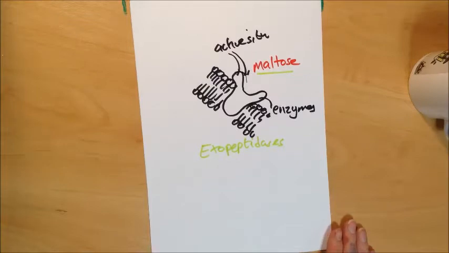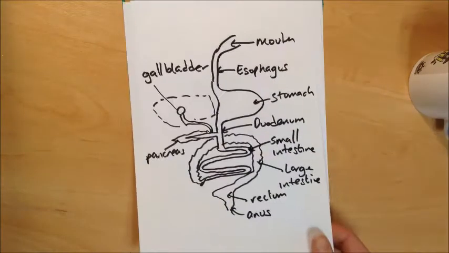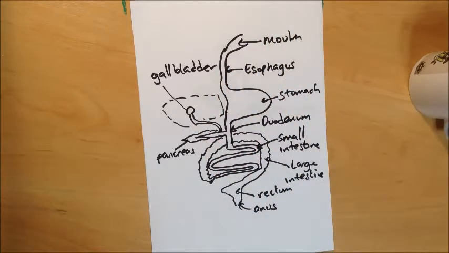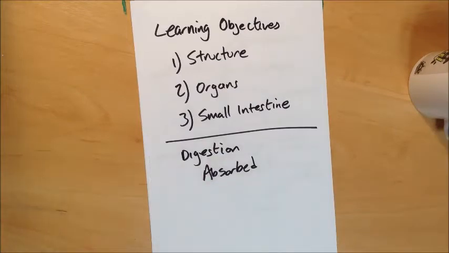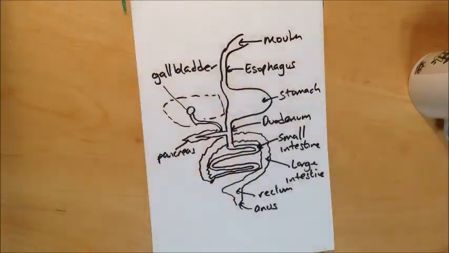So just to recap what we have done, our objective today was to get an overview of the digestive system, and I think we've done that. We've got a digestive system there, and the organs of it are outlined quite nicely. So you know the structure of the digestive system and the structure of the small intestine. We can name the main organs of the digestive system.